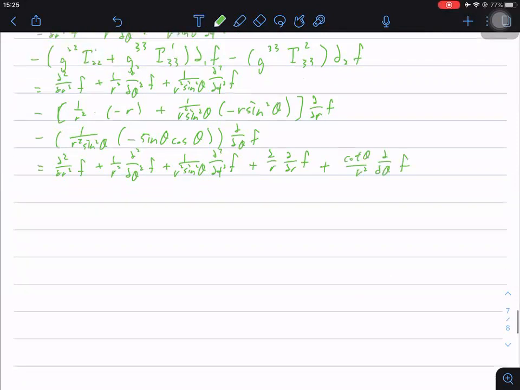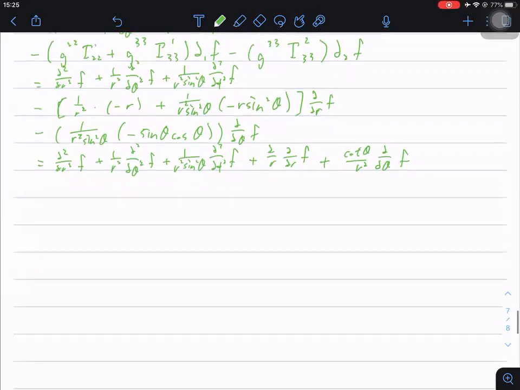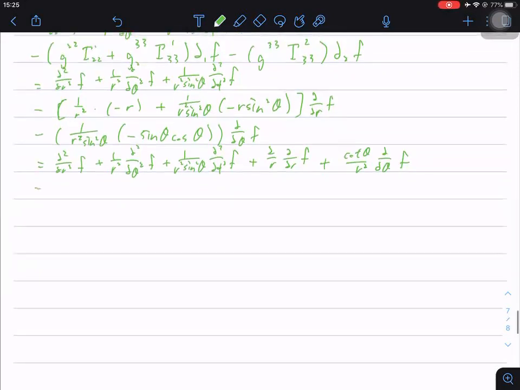Okay, so for the final step, well, we can embed this term into this one. So if we take the derivative with respect to r squared, we have 2r over r squared, we have 2 over r. So we have the extra term here.